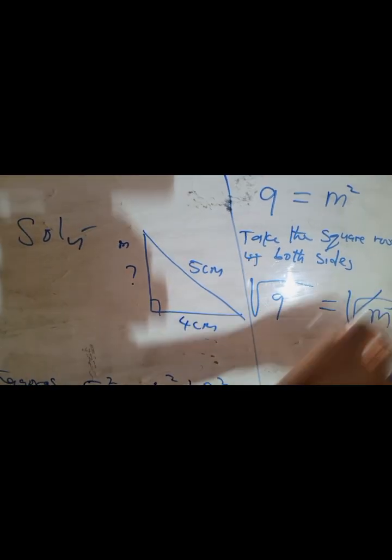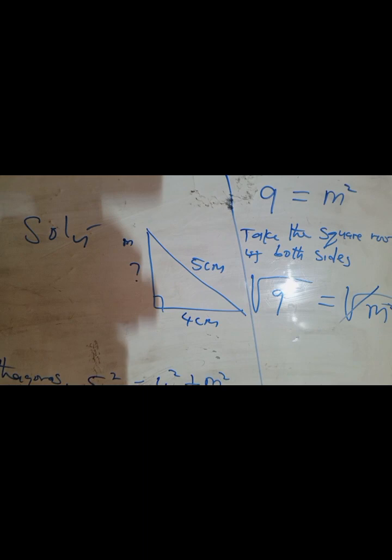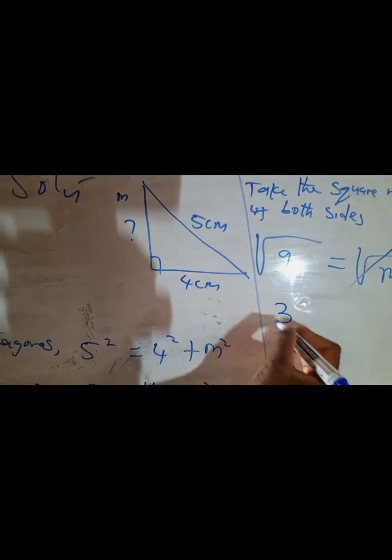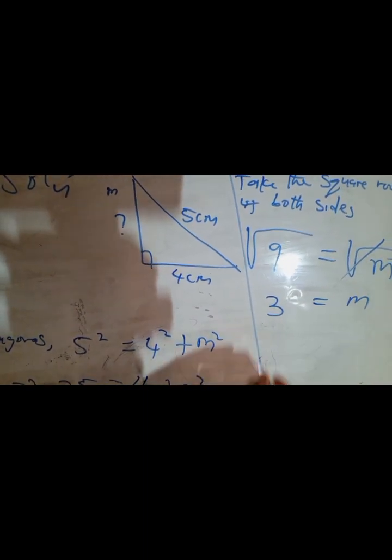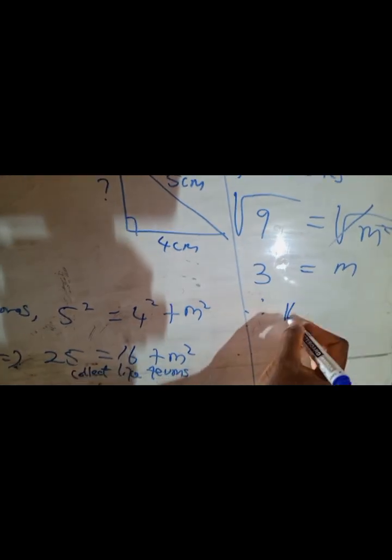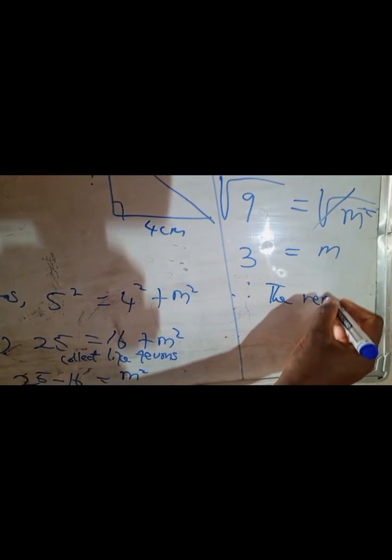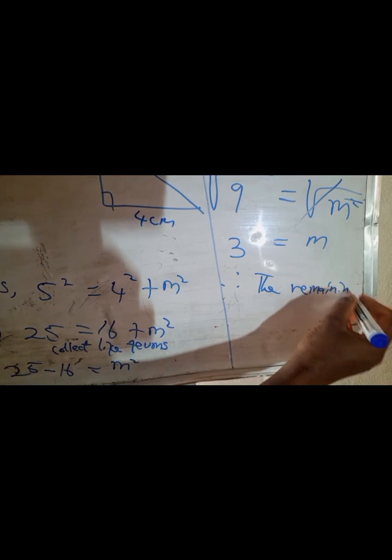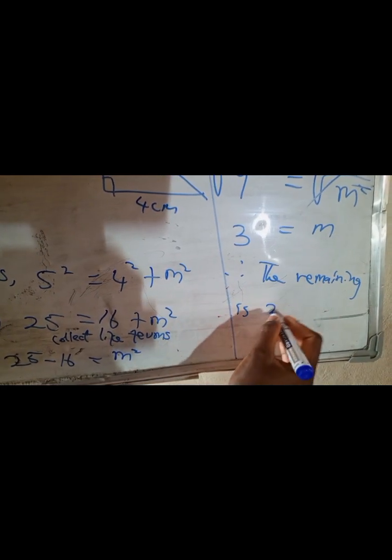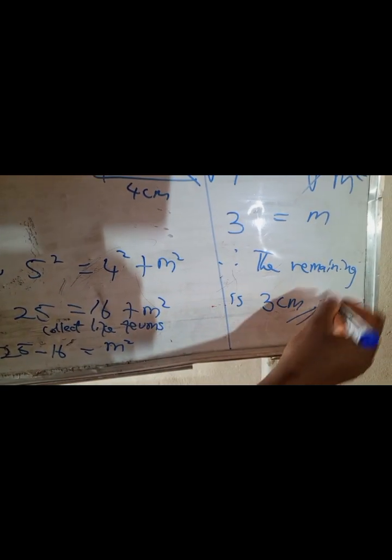This square will cancel the square root. Square root of 9 is what? Is 3, is equal to m. Therefore, the remaining side is 3 cm. Answer.